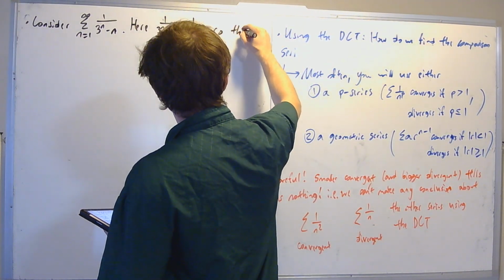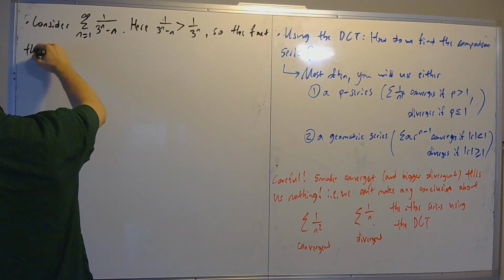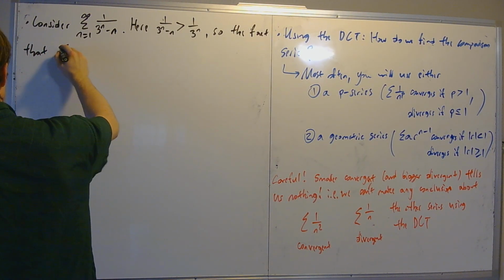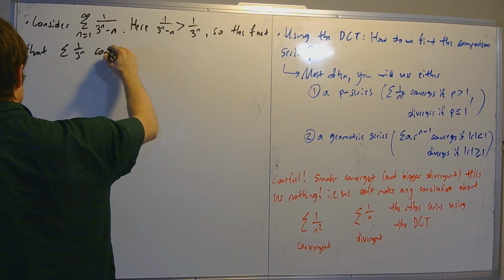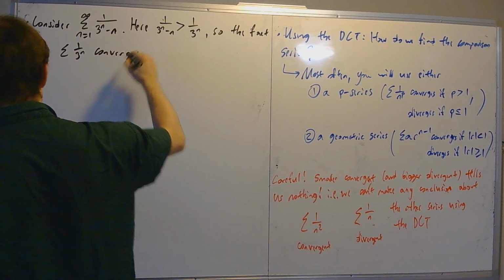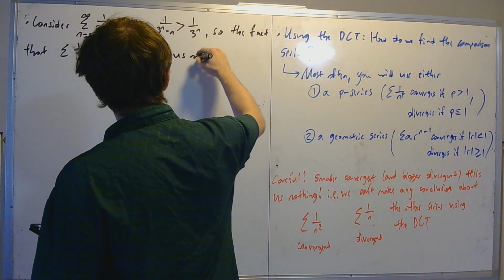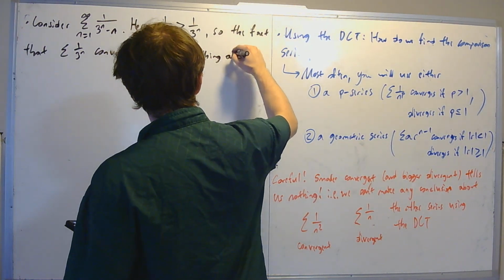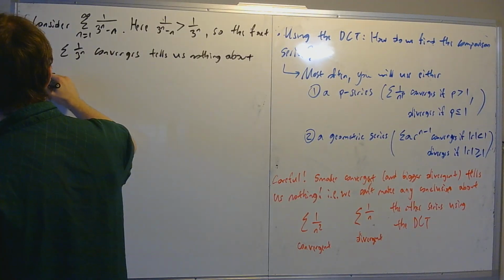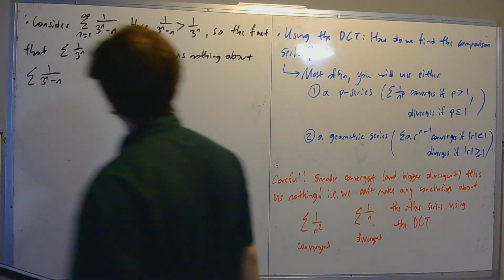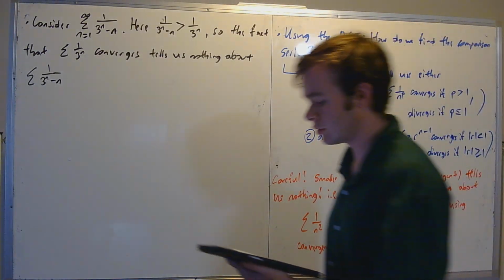So the fact that the sum of 1 over 3 to the n converges tells us nothing about the sum of 1 over 3 to the n minus n, right? Because we're saying that the smaller one converges, so we don't know anything about the bigger one, right?